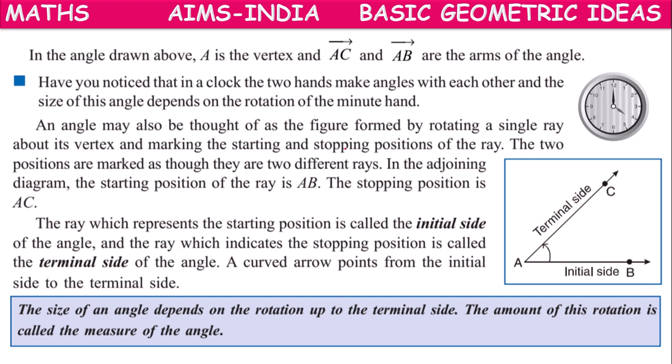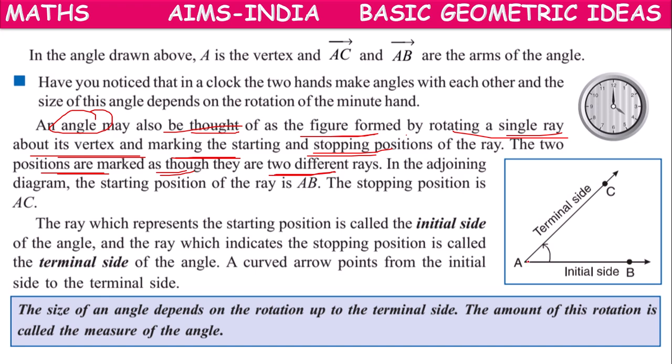And one more thing. An angle may also be thought of as the figure formed by rotating a single ray about its vertex, from a starting position to a stopping position. The two positions are marked as though they are two different rays.